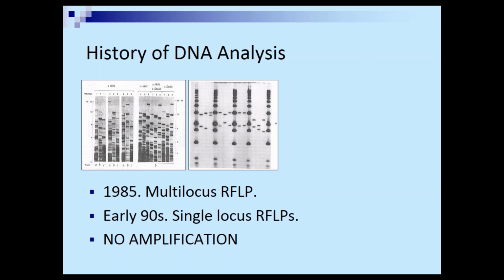But for anyone going into the criminal justice field, and this may apply even more to criminal justice majors who are possibly looking at becoming attorneys or going into the court system than to the forensic scientists themselves, it's important to understand the history, because you'll know when DNA analysis was done on samples, and you can go far enough back to where it wasn't the common way of doing things.